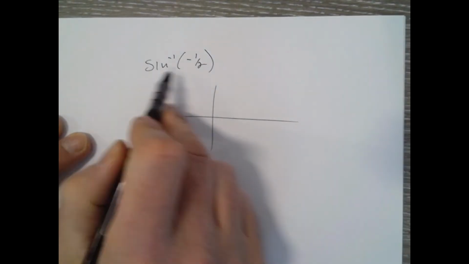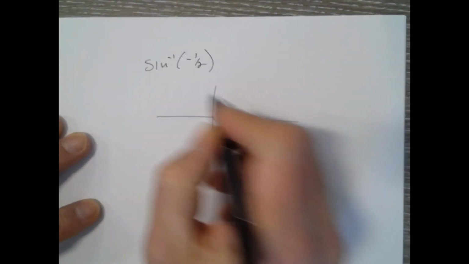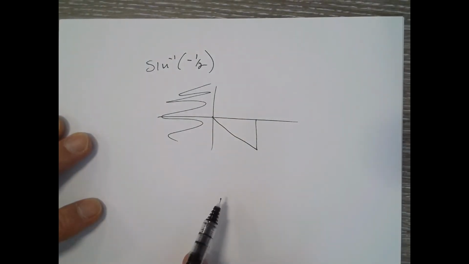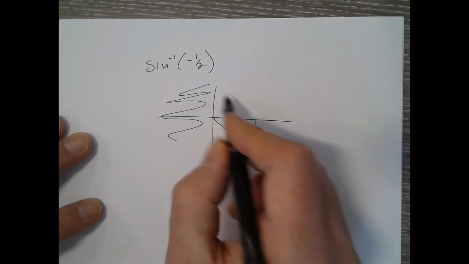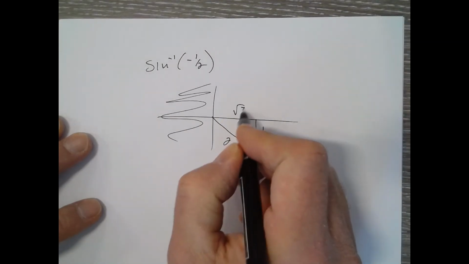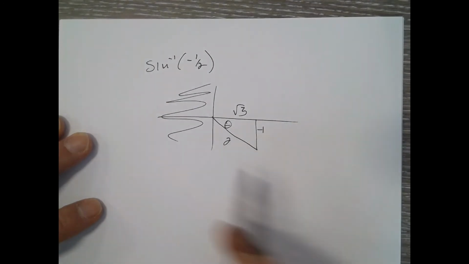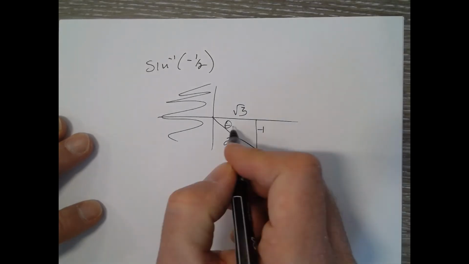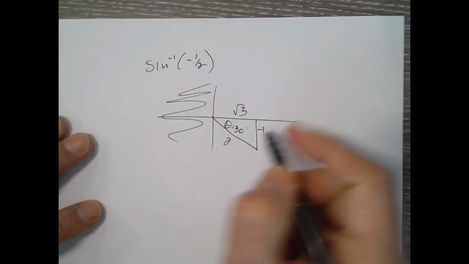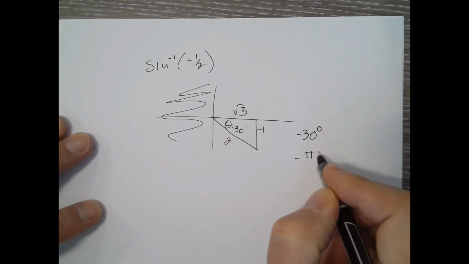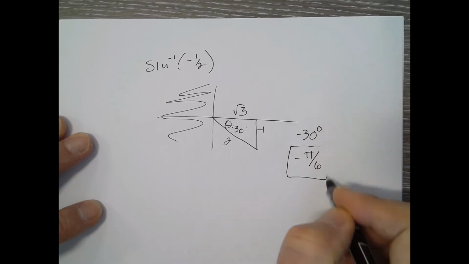A negative inverse sine tells us we know for sure it's in quadrant 4. Since it's negative, we'll put it down here. 1, 2, square root of 3. That angle right there has a sine of negative 1/2 because opposite over hypotenuse is negative 1 over 2. So that is negative 30 degrees, so it is negative pi over 6. Raise your hand if you got that.